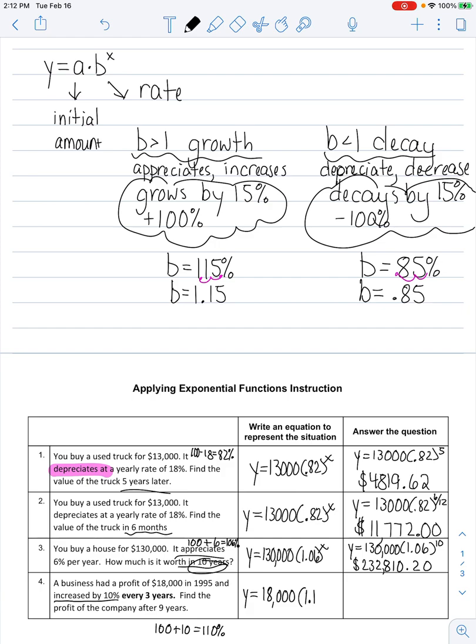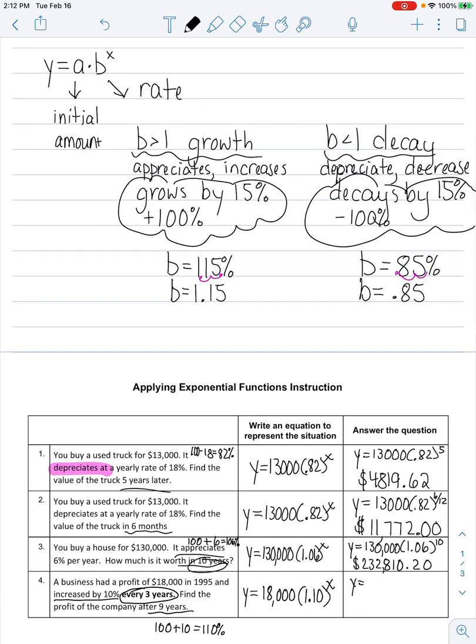Remember, we have to write that as a decimal, to the x power. Now, it says they make that every 3 years. Find the profit of the company after 9 years.